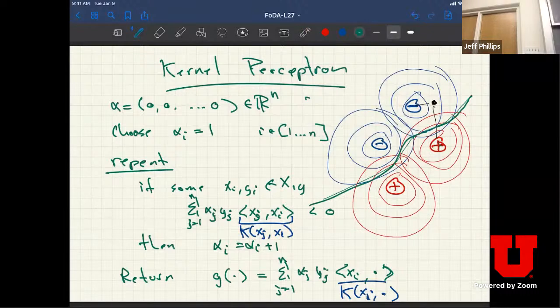So I can think of two kernel density estimates, which are weighted averages of the positive and the negative points. I have the red kernel density estimate, which tells me where there's density for the positive points, and similarly for the negative points. I'm going to subtract one from the other. Where the effect is positive after the subtraction, I keep a positive sign, and where it's negative, I get a negative sign.